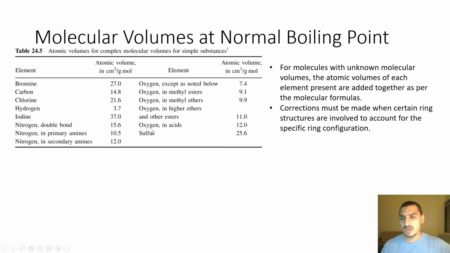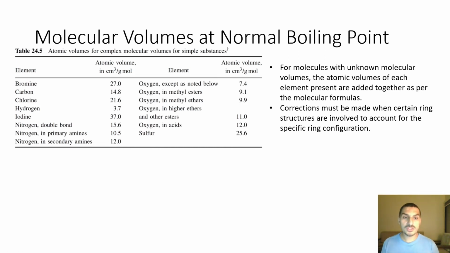We have the atomic volumes of all these elements, and you calculate the molecular volume by the summation of atomic volumes. So if I have methane, it's going to be 14.8 plus 4 multiplied by 3.7. So these are numbers that I can use.